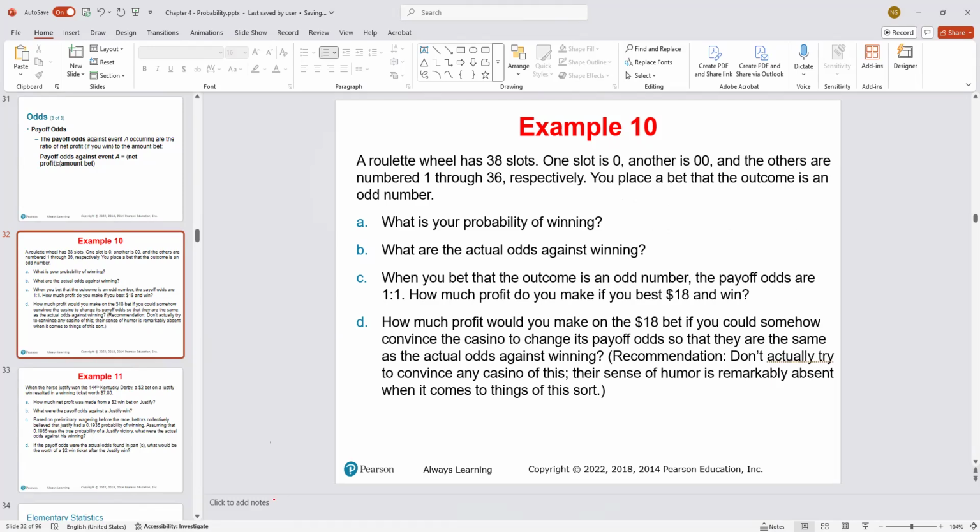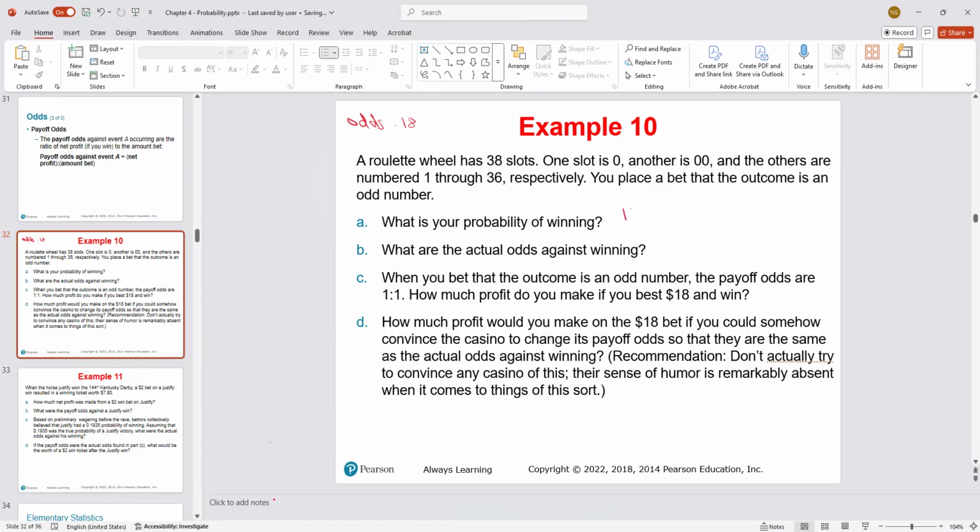Well, if you take odd numbers like 1, 3, 5, 7, 9, 11, 13, 15, 17, 19, 21, 23. So the number of odd numbers in this case would be 18, right? Because of 36, half of it would be odd. So what is the probability of your winning if you place a bet on the odds?